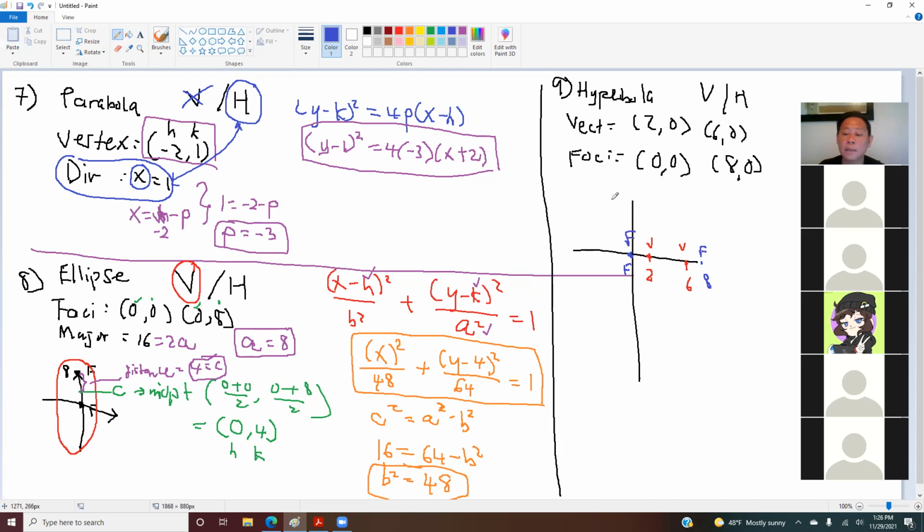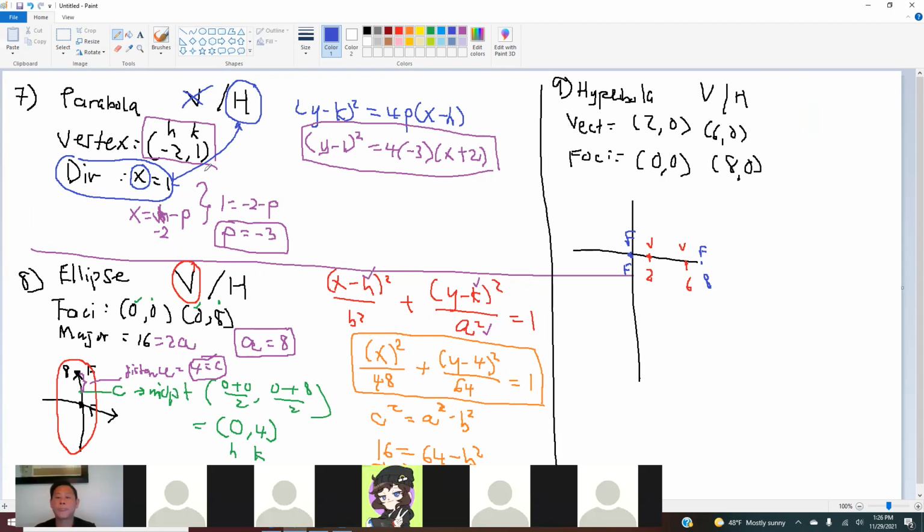So where do you think this is located, on the vertical or on the horizontal? Since your vertices and foci are on the x-axis, this belongs to the horizontal axis.